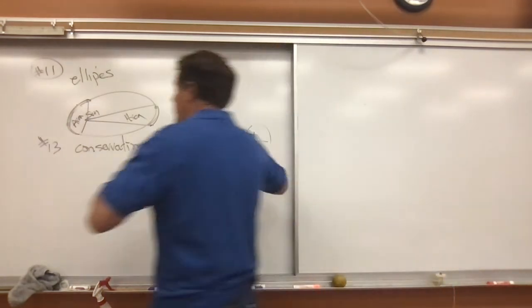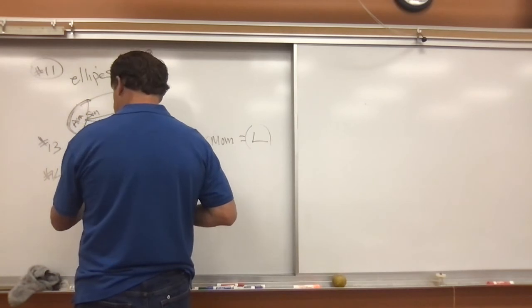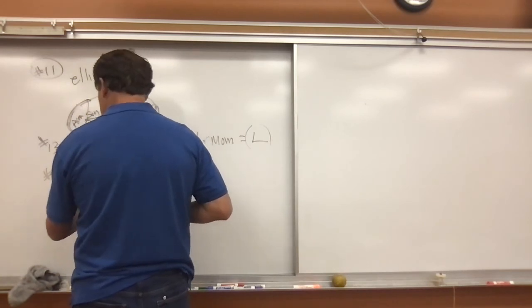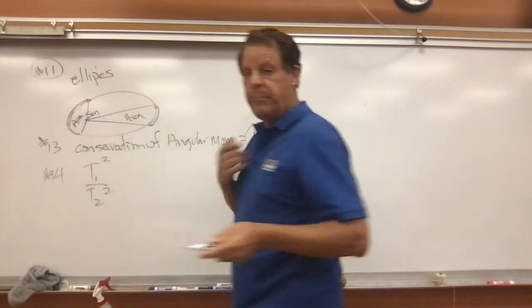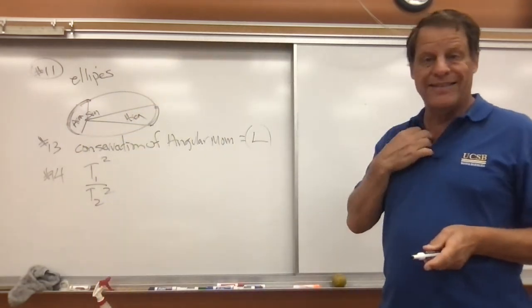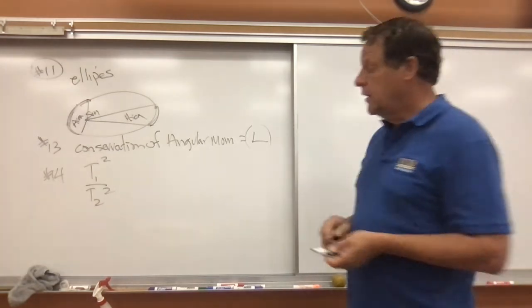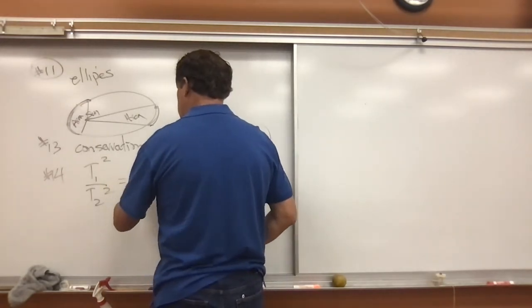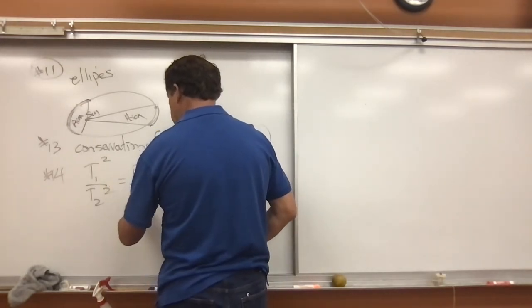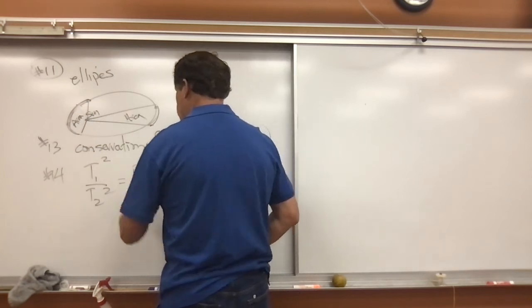Okay, so we're going to use Kepler's third law, which says that for two objects orbiting the same thing, like the sun, the ratio of the periods squared is equal to the ratio of the radii cubed.